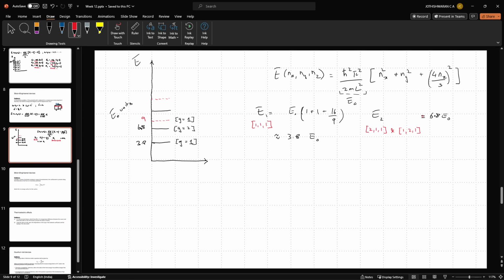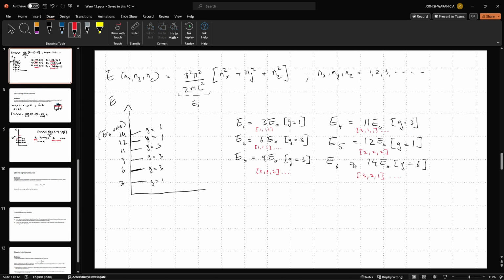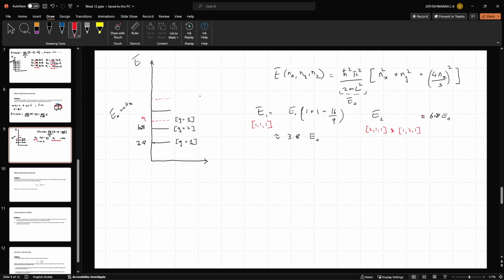So remember the degeneracy: it is 1, 3, 3, 1, 6. So this is the first 3, this is the second 3, and then there is going to be a third 3. I'll draw the red first, and then the black. So this is how it's going to rise.